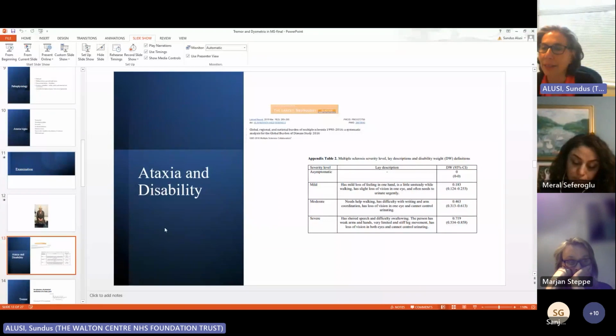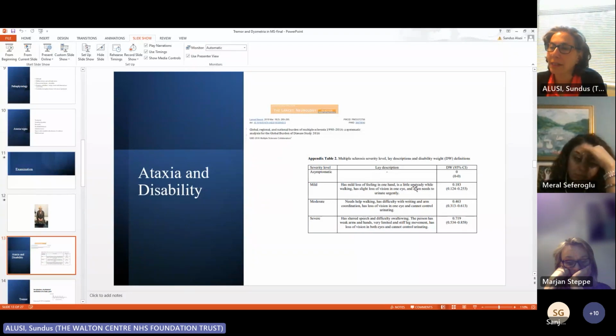It's a fancy calculation how they got this, but if you look here, asymptomatic is asymptomatic, and the mild category has numbness, slight unsteadiness, and loss of vision. As soon as you get to moderate, you have incoordination. Arm coordination becomes a problem.